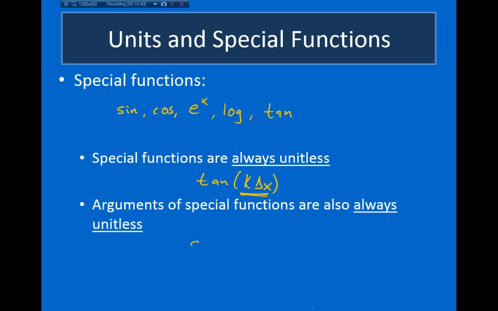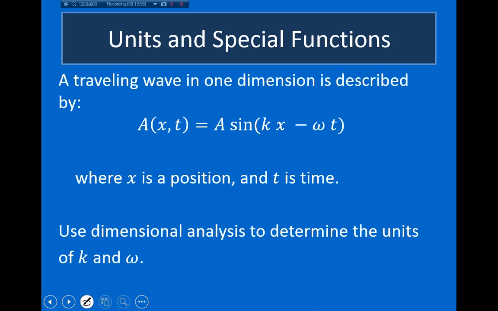So for example, if I have sine of omega t, this thing here is the argument. And my tangent of k delta x, this k delta x, was my argument. This thing always has to be unitless, and the entire function, when we evaluate it, is also going to be unitless.